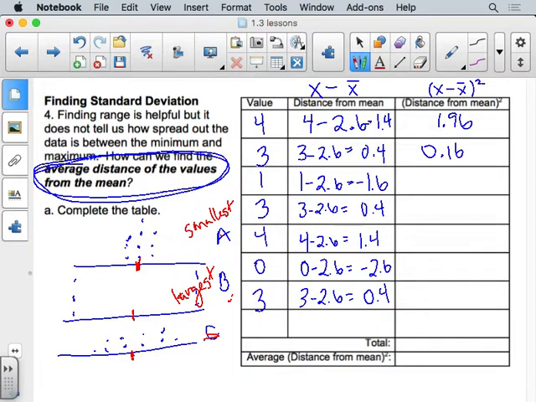And then 1.6, then 2.6. Then that's another 0.16, that is another 1.96, and then down there 0.16. What's 2.6 squared? 6.76. Okay. Alright.